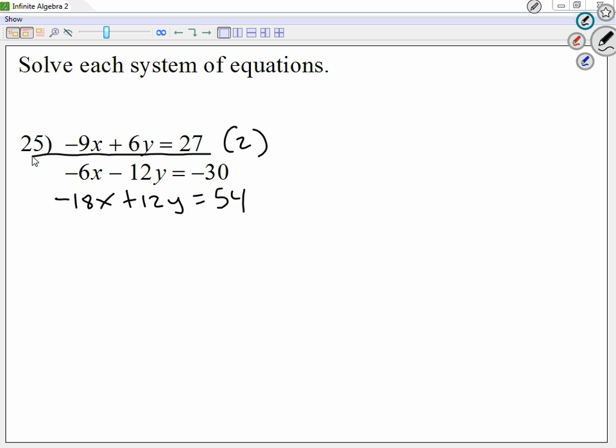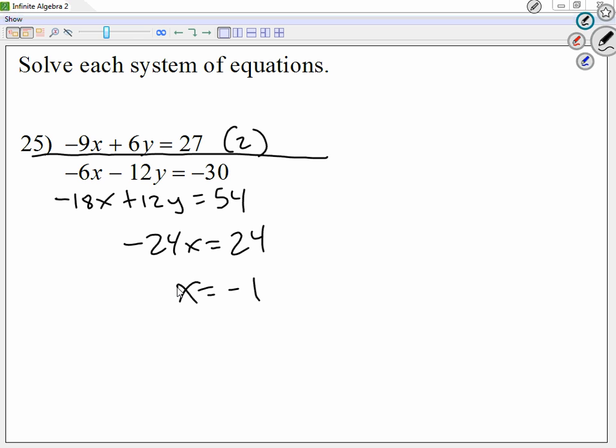So in fact, I'm only going to deal with the bottom 2. I know the y's cancel out. So now if I combine the x's, negative 6, negative 18, that's negative 24x. Once again, the y's cancel out. Negative 30, positive 54, that's positive 24. I think we can agree that x equals negative 1.